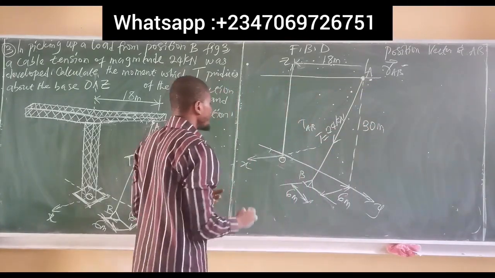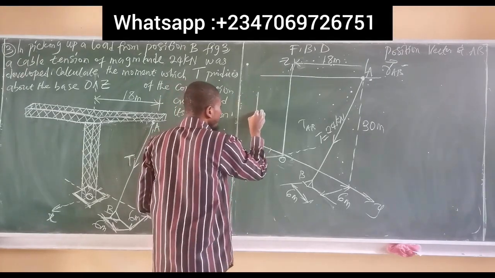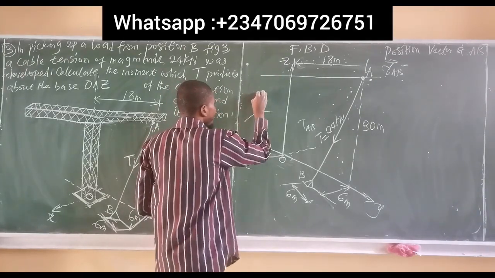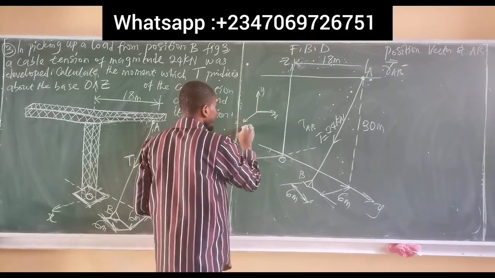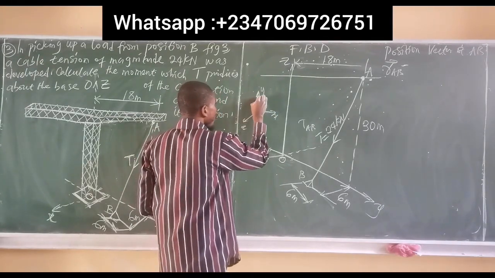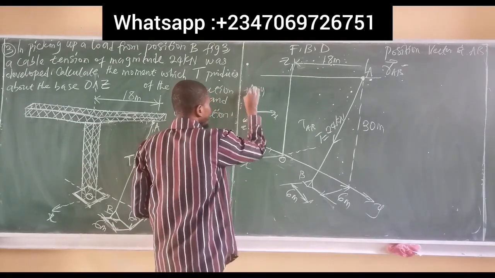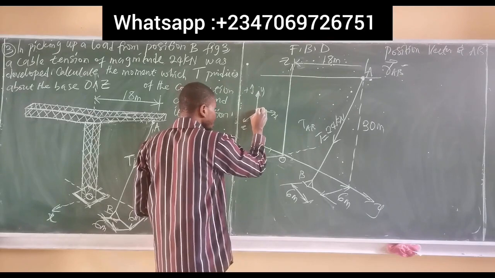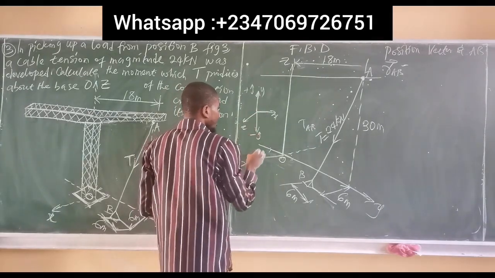Remember, I said in the previous video, in your Cartesian coordinate system, especially in 3 dimension, let's say this is our Y, and this is our X, and this is our Z. Then if I'm moving from the origin vertically upwards, I'm going in the positive J direction. But if I move from the origin vertically downwards, then I'm moving in negative J direction.